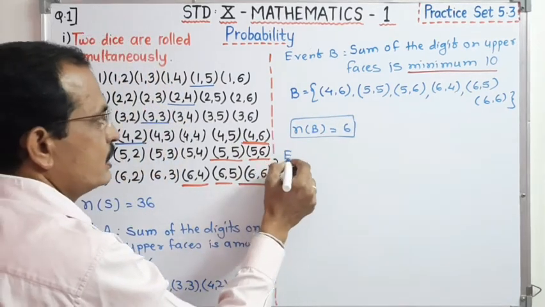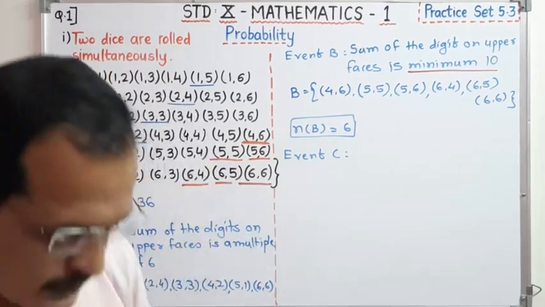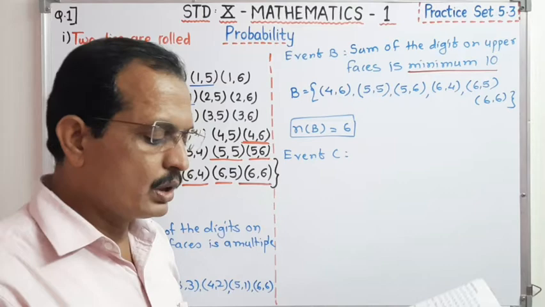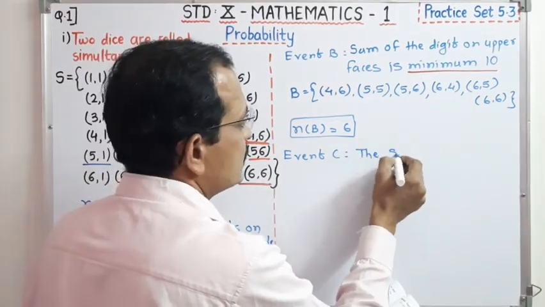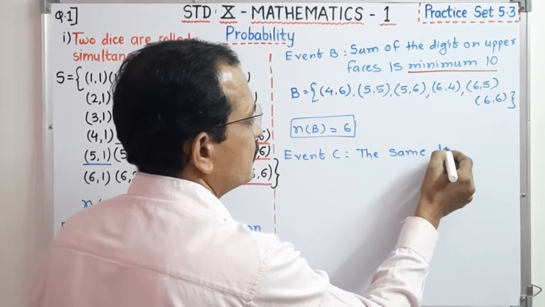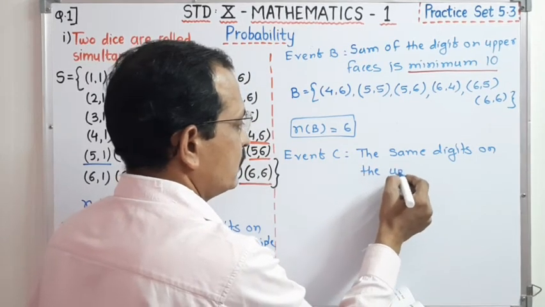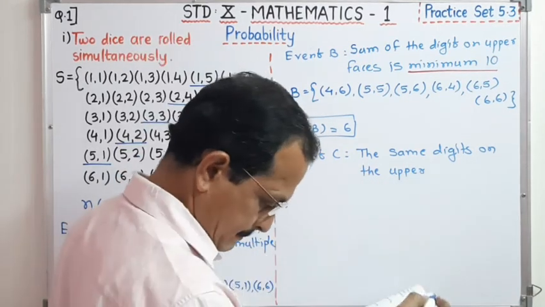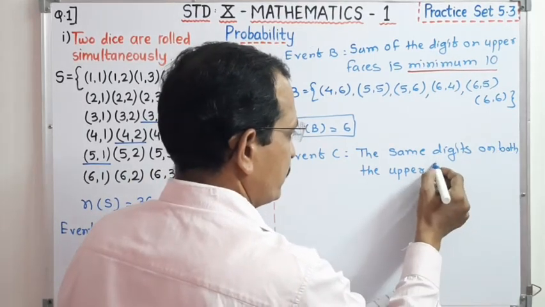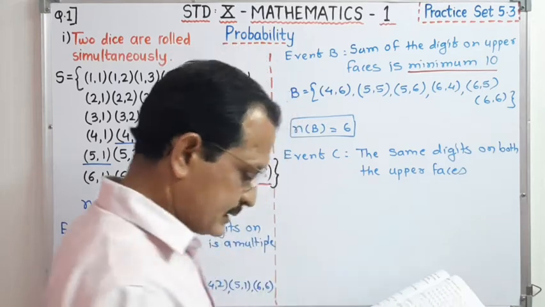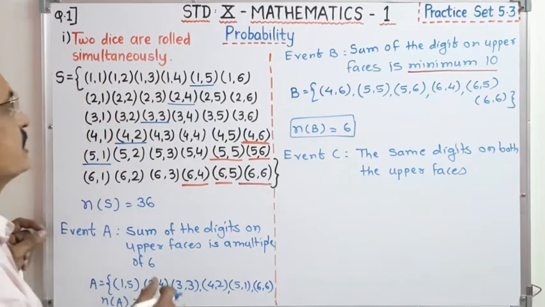And dear student, event C is there. The same digit on both the upper faces. Same digits.